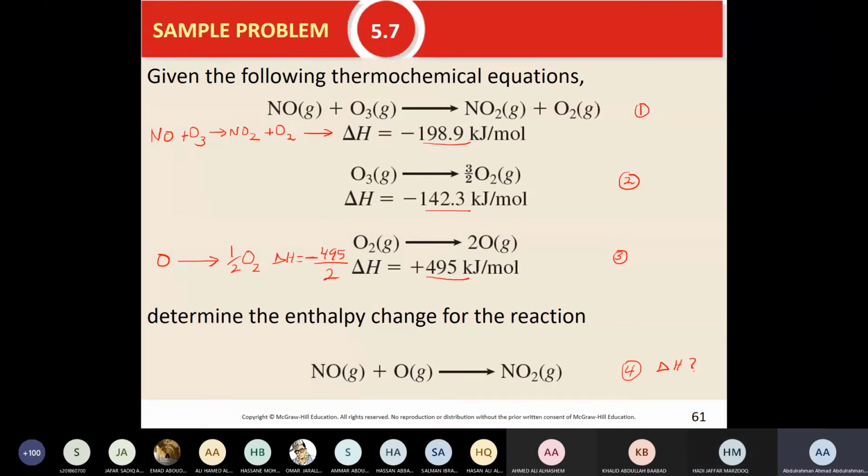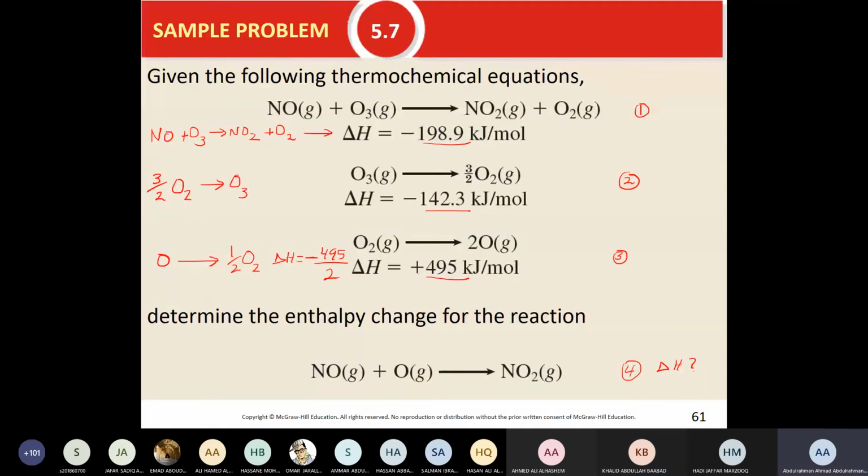Good. Next thing, I also want you to simply reverse reaction 2. What are you going to write? 3 over 2 O2 goes to O3.